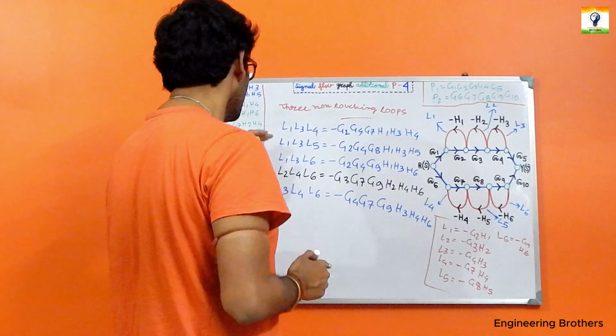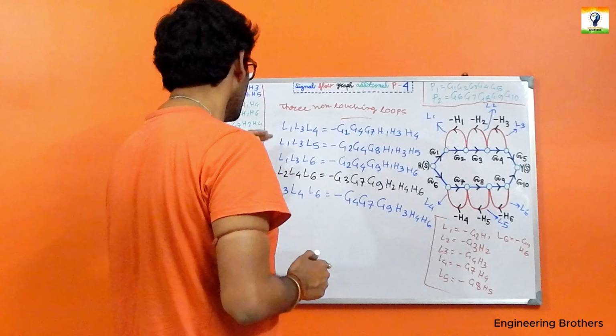L1 will be this loop, L2 will be this loop, L3 will be this loop, L4 will be this one, L5 will be this one, and so on. Now we have missed three non-touching loops for this present consideration, which is quite naturally L1, L4 and L6.